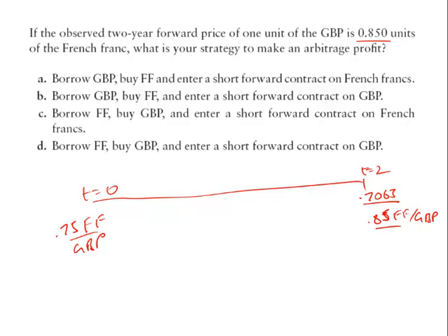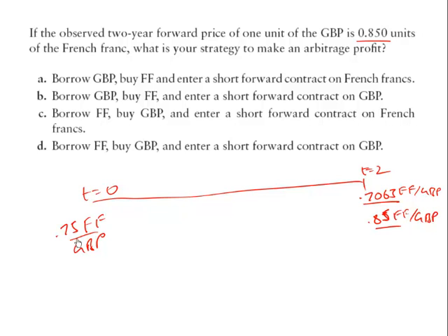So the first thing in capturing an arbitrage opportunity is to identify something as cheap and something else as expensive. In this case, in the forward, the GBP is costing 0.85 when it should actually cost 0.7063 based on the current information.